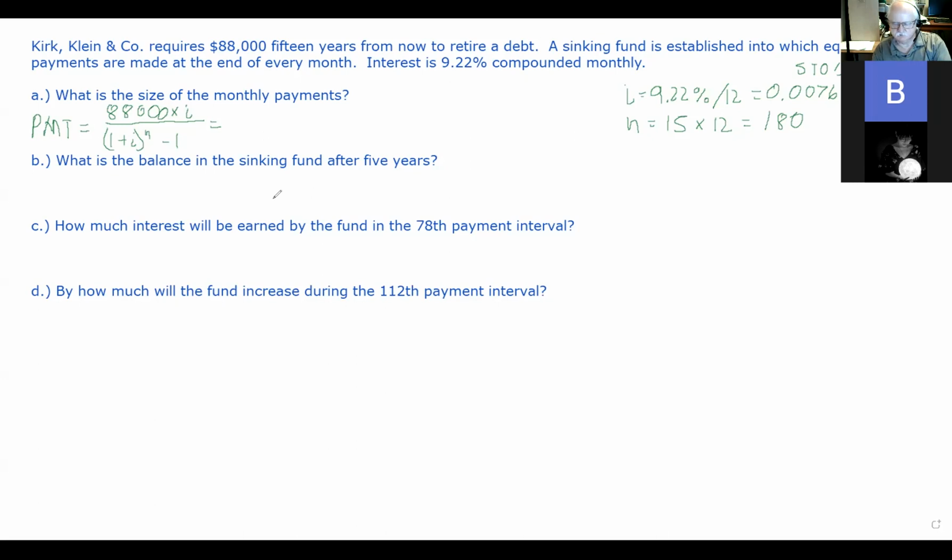9.22% divided by 12. Store that in 1. Recall 1 plus 1, y to the x, 180 minus 1, and I'll store that, register 8. So recall 7.